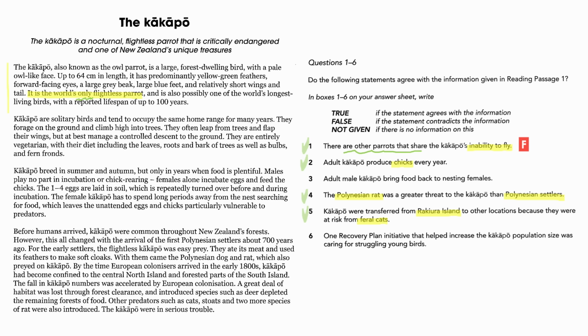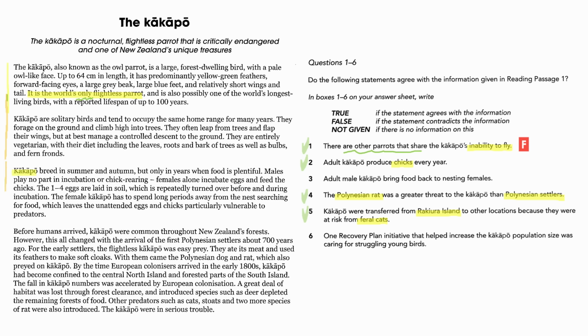Now pause the video and solve question number 2. So the statement is adult kakapo produce chicks every year. So we're looking for something about chicks. We resume reading the passage where we stopped and we keep on reading, and there is nothing in this paragraph, so we continue reading, and here we find this.